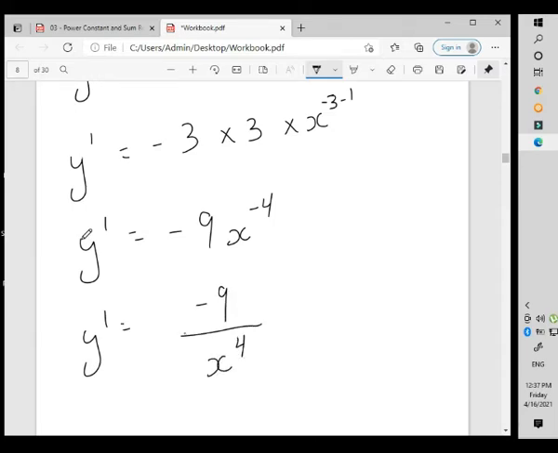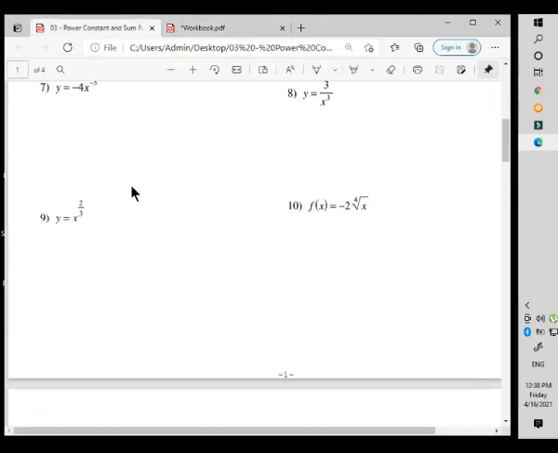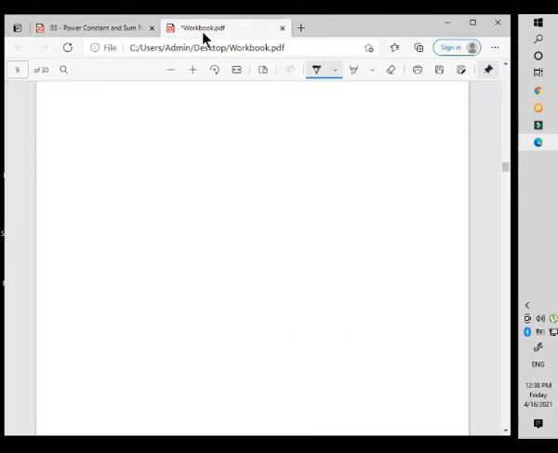Alright, so for the remaining problems, I won't be working it out by expansion like that. I'll just be working towards solving for them. So y is equal to x to the 2/3. So y equals x to the 2/3 is equal to 2/3 x to the 2/3 minus 1.